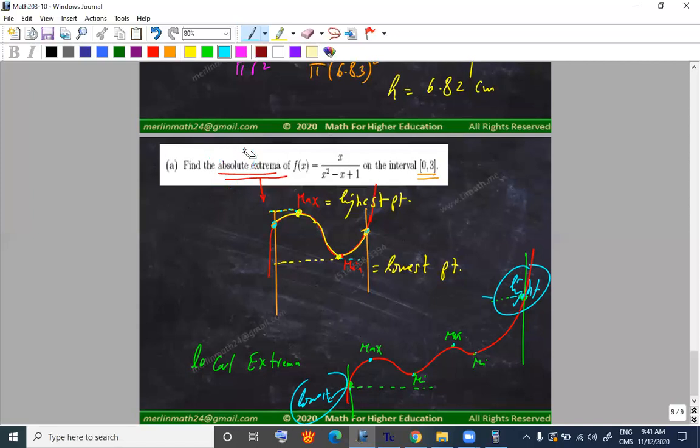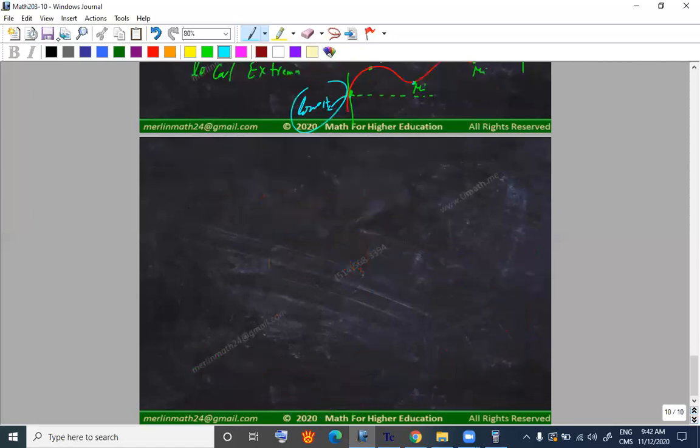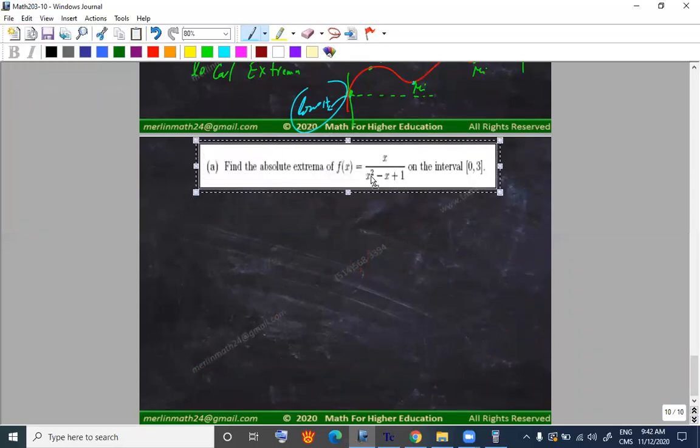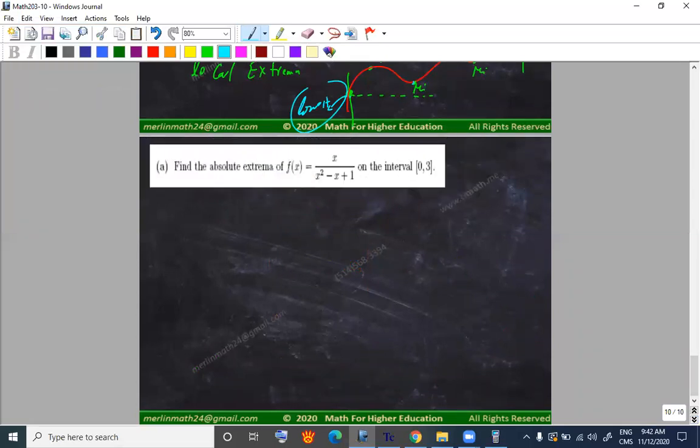In brief, how do you solve it? I gave you the theory behind it, but how do I solve? I do 3 steps. Step 1: the extremities have to do with the derivative, so find f prime.